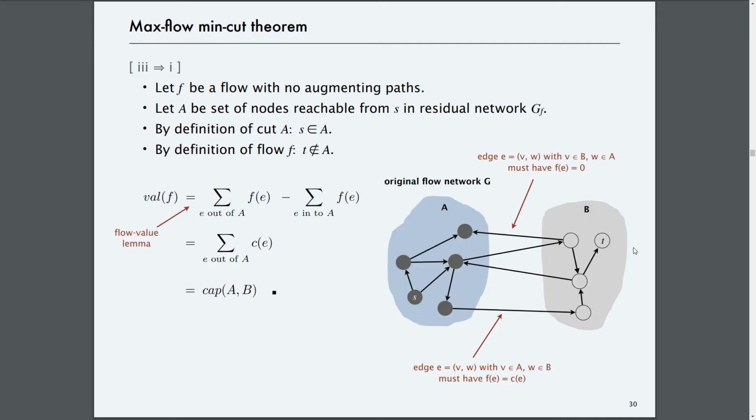And from 3 to 1, let f be a flow with no augmenting paths, and let A be the set of nodes which is reachable from s in the residual network.